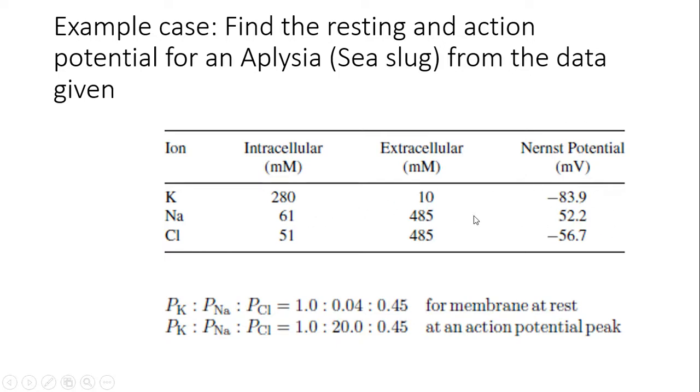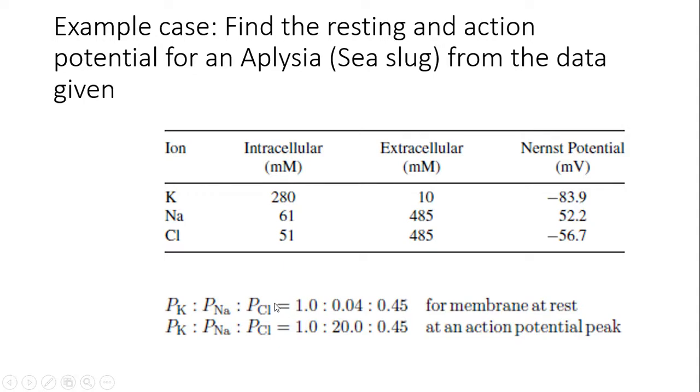As we already know, at resting conditions the potassium and chloride Nernst potentials are negative, and sodium is normally positive. Here PK, PNa, and PCl are also given as permeabilities on a relative scale, 1, 0.04, and 0.45.